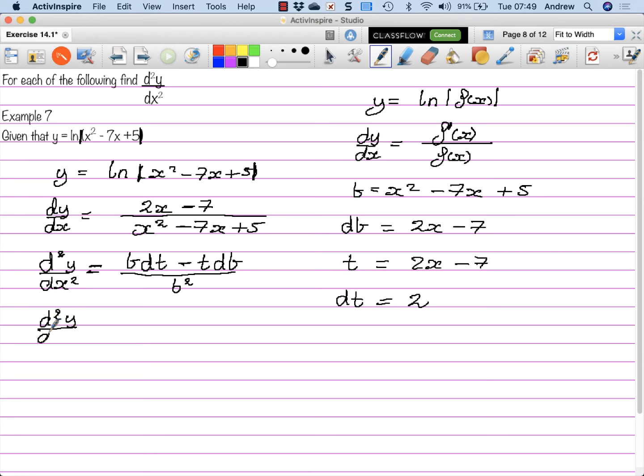So we have d2y by dx squared is now going to equal, well, the bottom is going to be x squared minus 7x plus 5, and we're going to multiply that by the differential of the top. To make life easier and to speed things up, I'm going to multiply by the differential of the top, but I'm going to write it at the front.